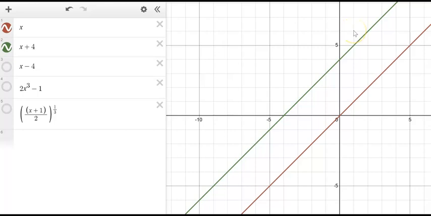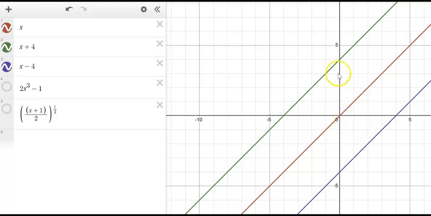Its inverse function is going to be reflected across the identity function, because remember, for every xy in one function, its inverse will have a yx. So its graph would be reflected across this red line.